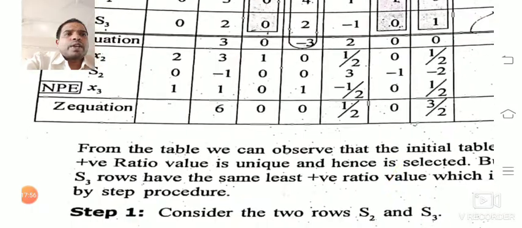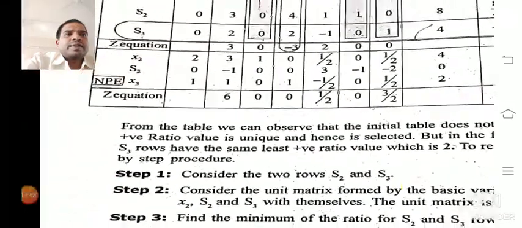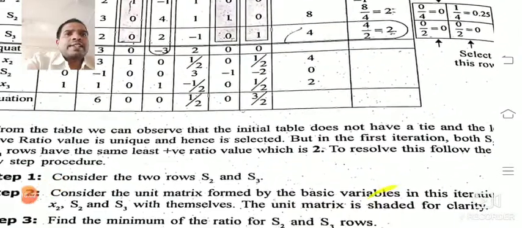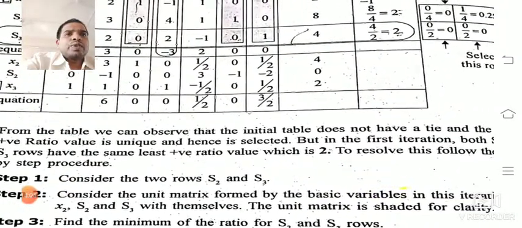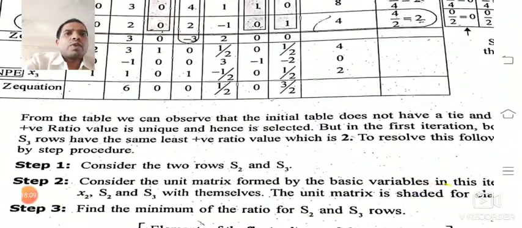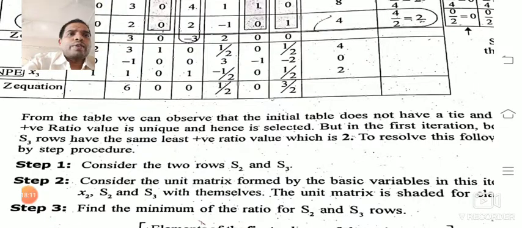From the table we can observe that the initial table does not have a tie, and the least positive ratio value is unique, and hence it is selected. But in the first iteration, both the s2 and s3 rows have the same least positive ratio value, which is 2.